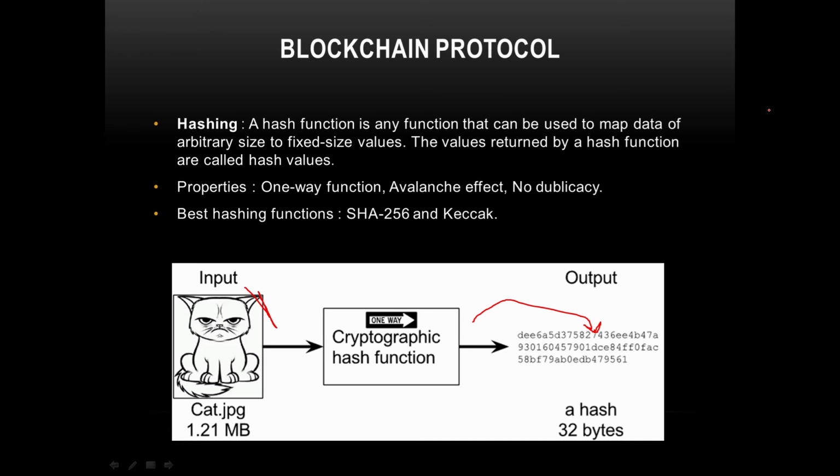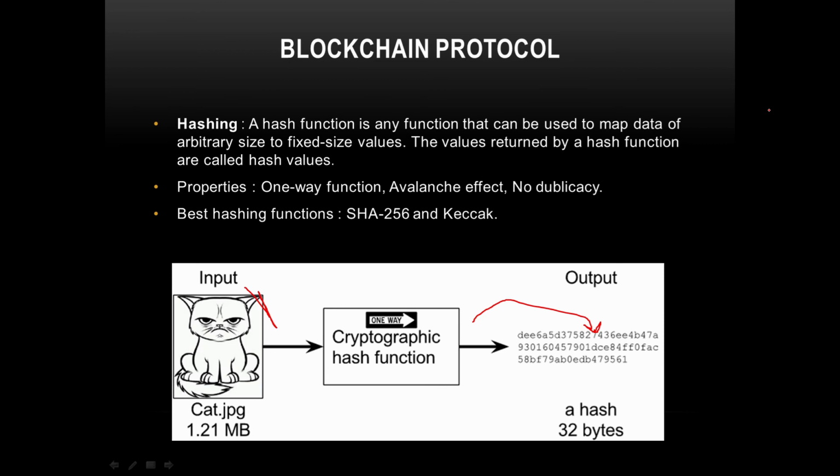One-way function means that the data which has been taken, the input, will give an output which cannot be reverse engineered. So the hash, which is the output, cannot be decrypted into that initial input data. It is a one-way function.